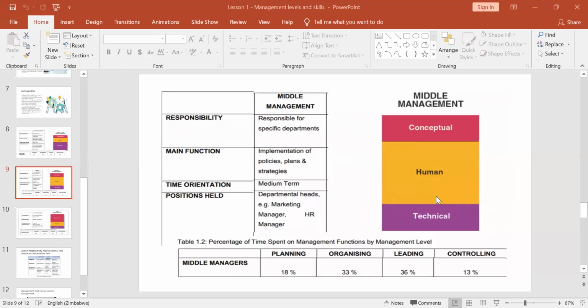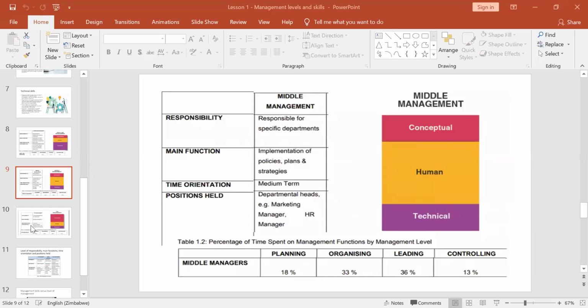If it is the human resources manager, yes, they know that people are cooking, they need this and that, but they don't need the technical skills as much as the other managers.